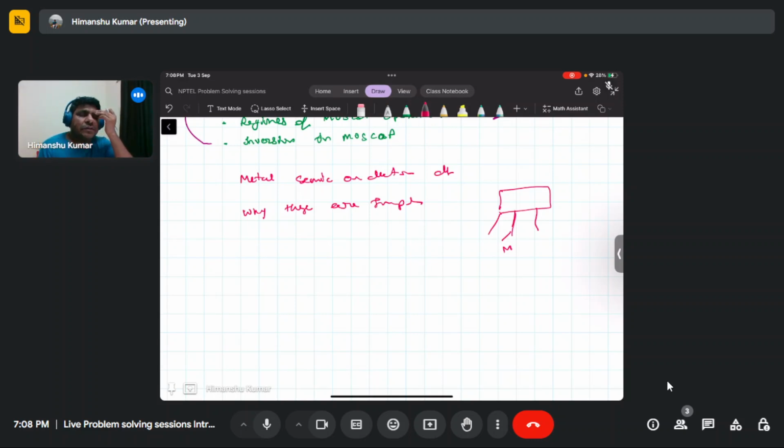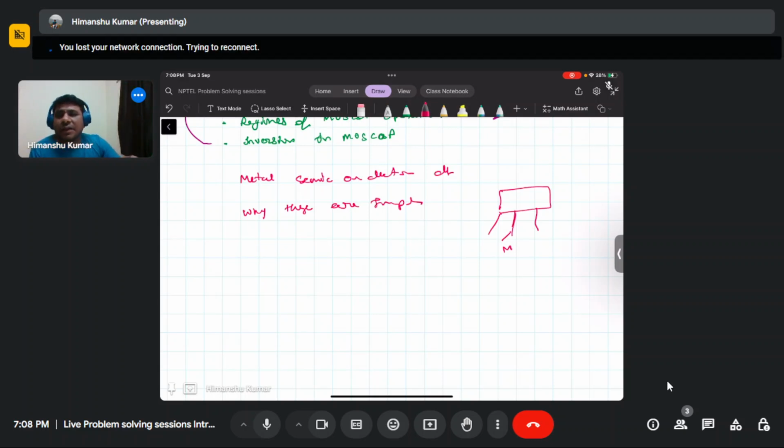So you need to connect the semiconductor with metal.